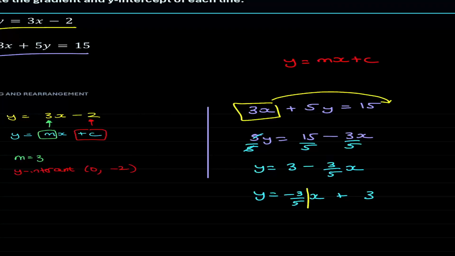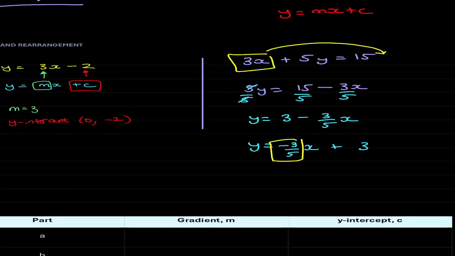So my gradient is -3/5. And my intercept is just 3. So in coordinate form, we shouldn't call that c, we should call that the y-intercept is (0, 3). Very good, very good.